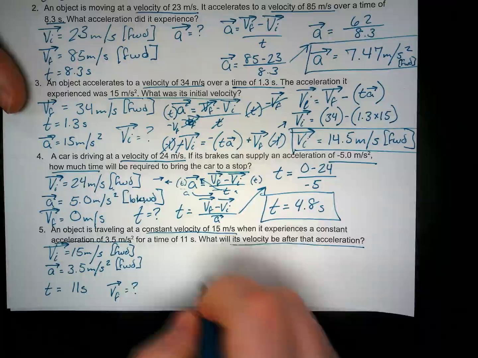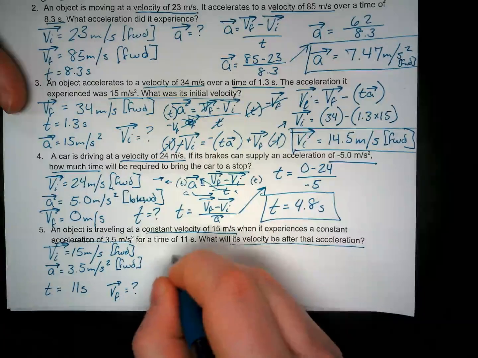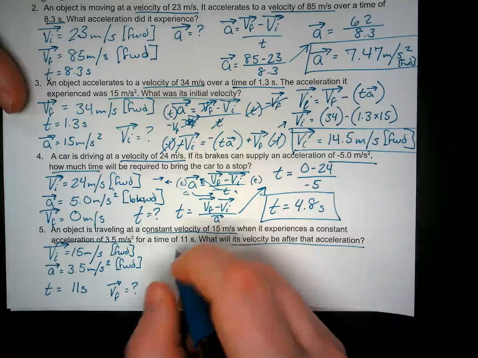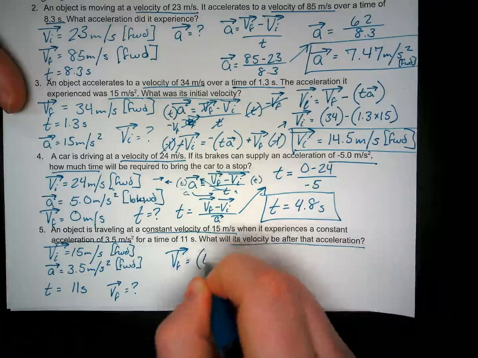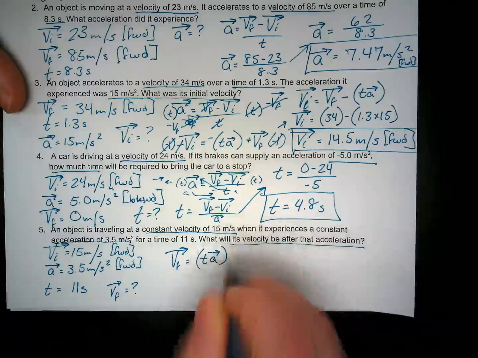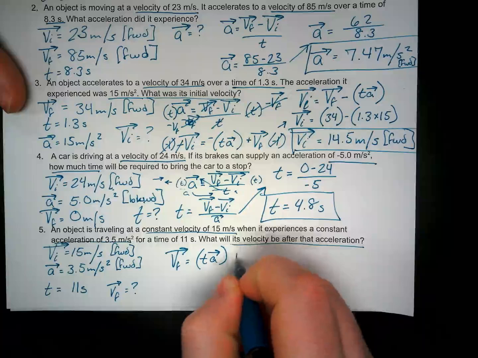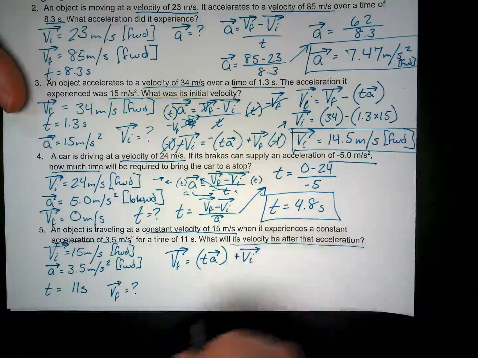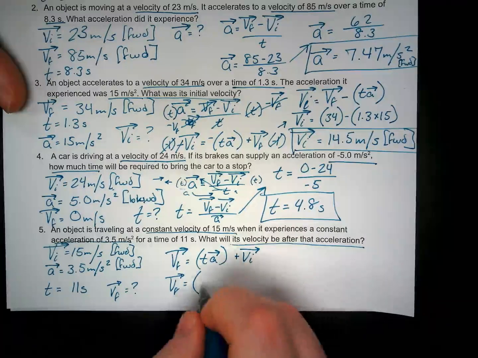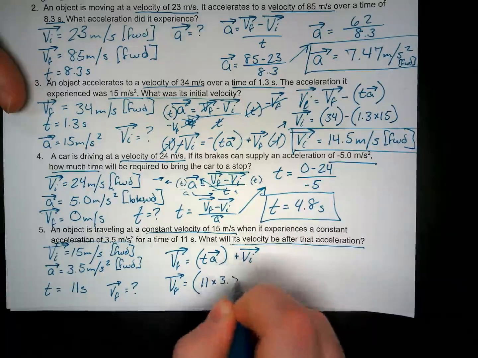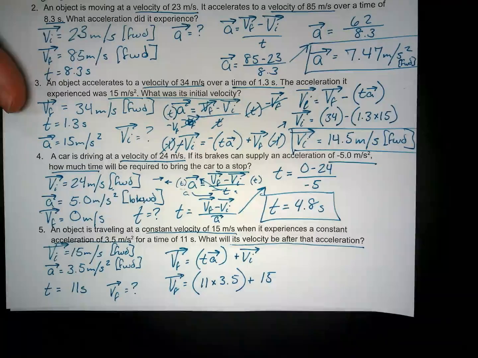So let's just set this up, because we've already done this. I'm not going to go through the algebraic form again here. I'm just going to straight up write it out. This is the formula we're working with: the final velocity is equal to time multiplied by acceleration plus the initial velocity. So I'm going to plug that in. It's going to be 11 times 3.5 plus, and it's not a 0 this time, we actually have a number, it's 15.